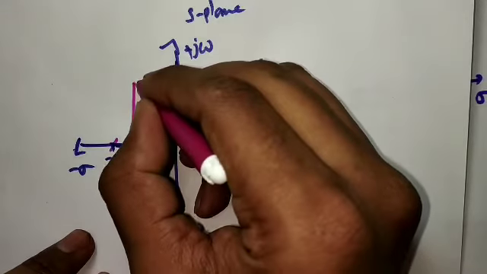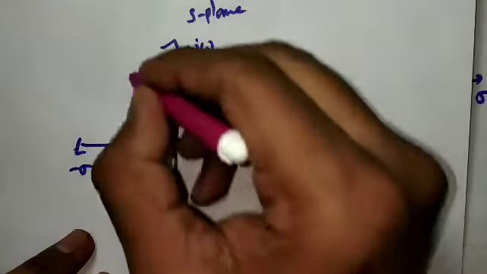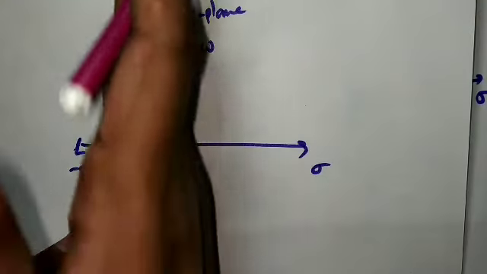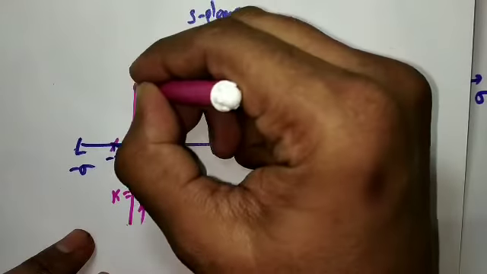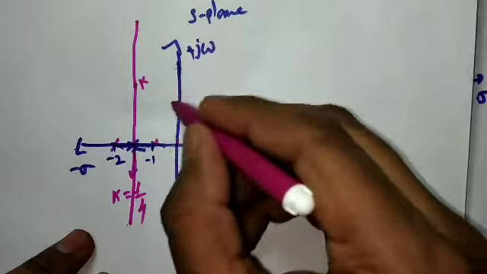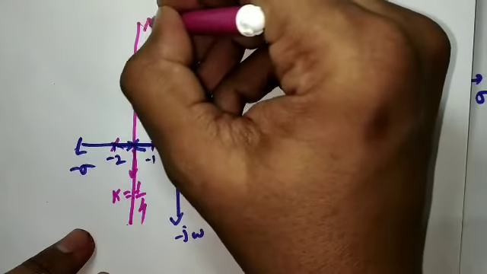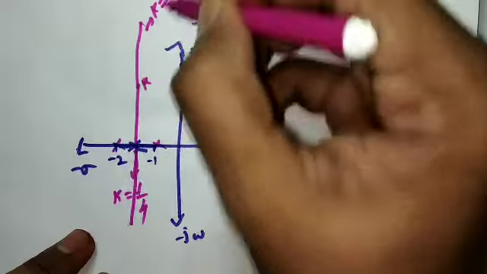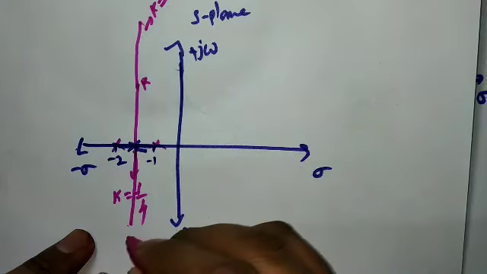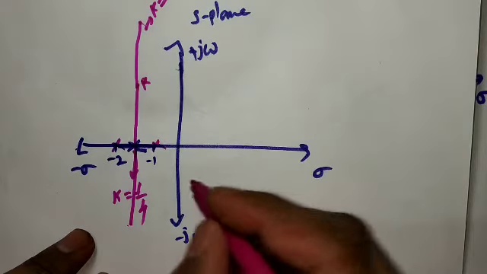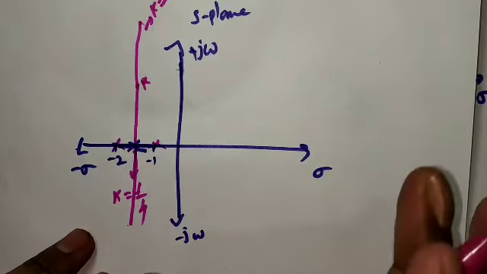If we still increase, it will go this way. It terminates at k equal to infinity, and here also it terminates at k equal to infinity. So this is what we observe here.